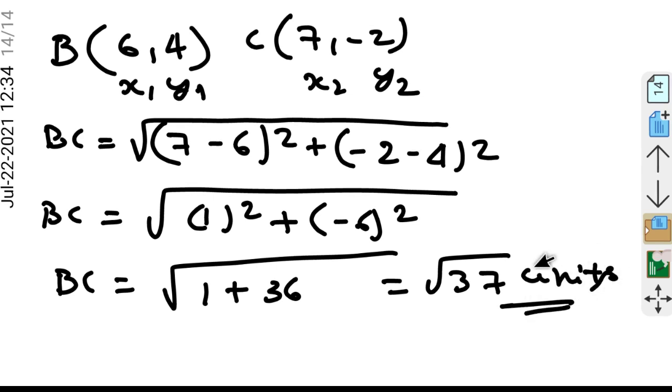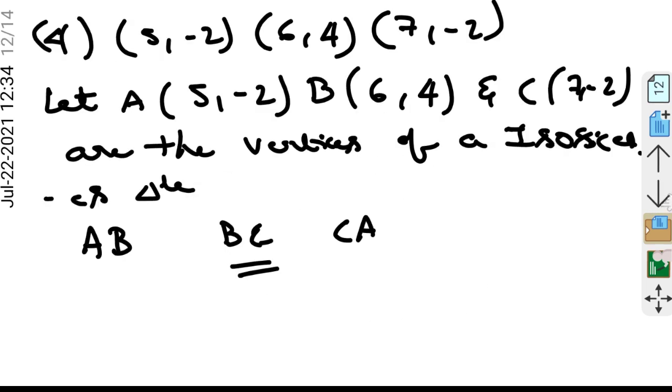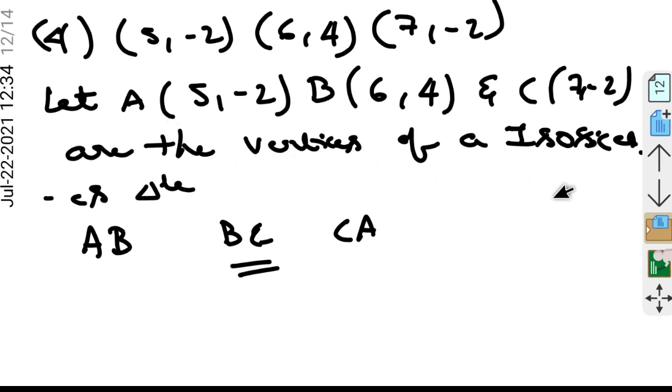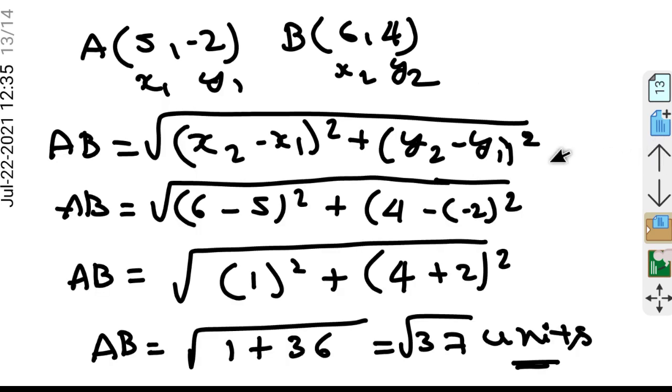Correct? Now here, we don't need to find the distance between CA, children. Why? Because what I said in the beginning, when I started the problem: if you want to check whether the given coordinate points are vertices of an isosceles triangle, by using the distance formula, if you get three answers and two of them are the same, then we can directly say the given points are vertices of an isosceles triangle. What answer did we get for AB?